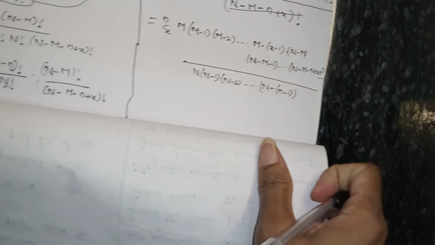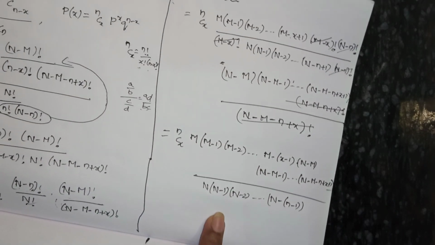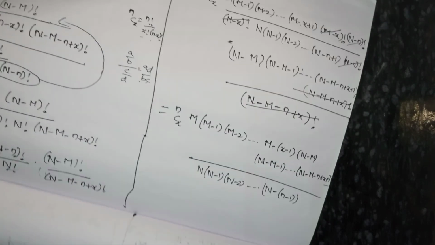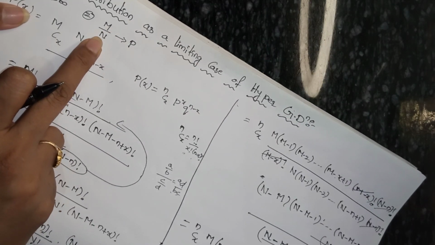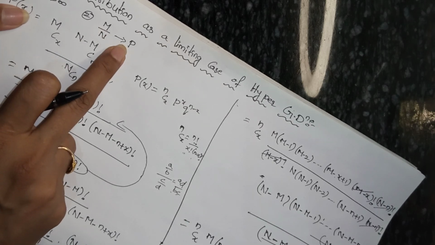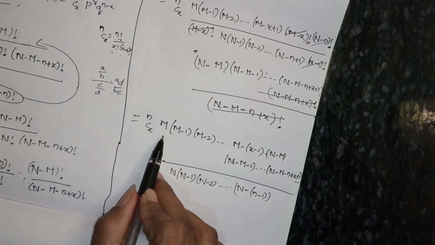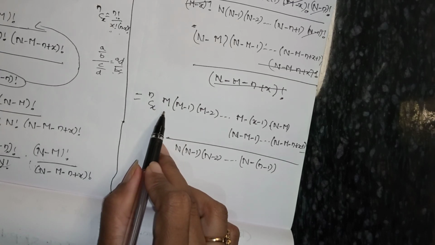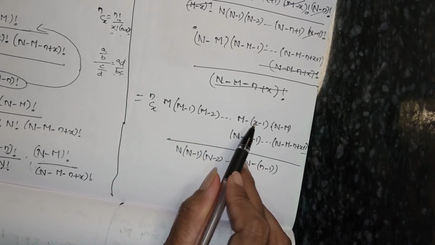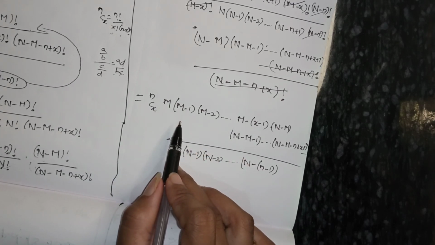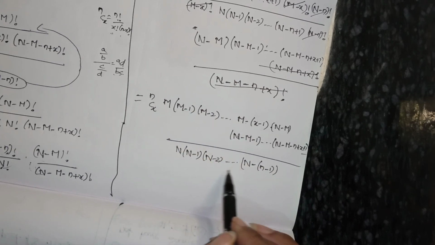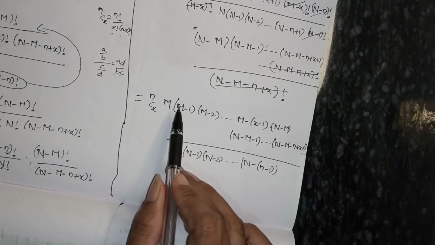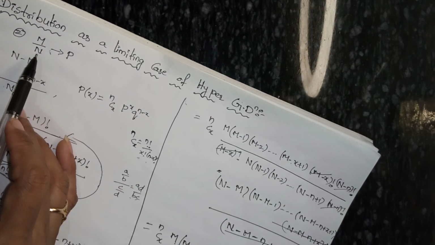So now what we have to do is, what are the conditions we took here? If you observe, the conditions are nothing but m by n turns to p. So we are having in this term only m. That means we have to divide the whole term with n, so that we can write in place of m by n, p.